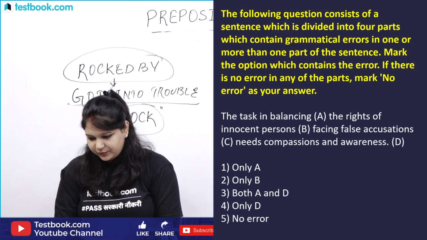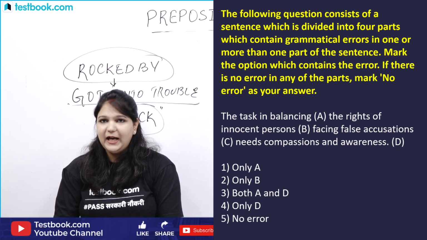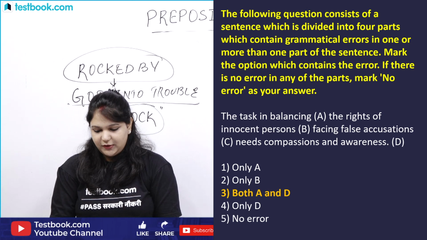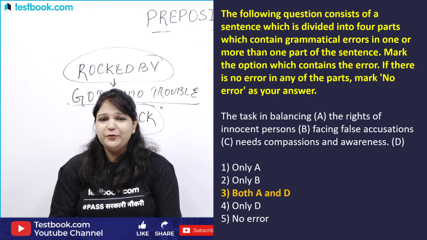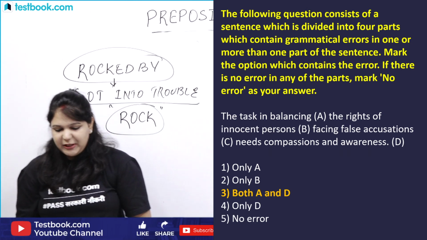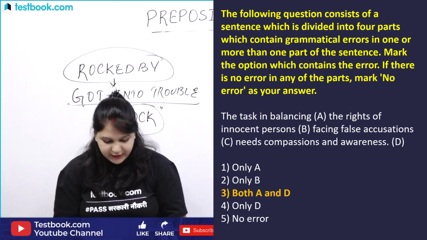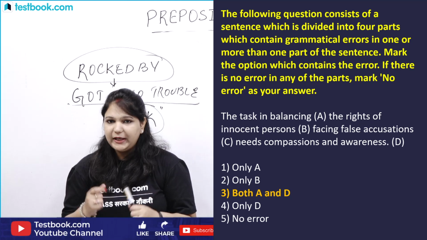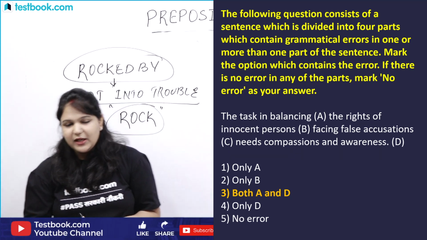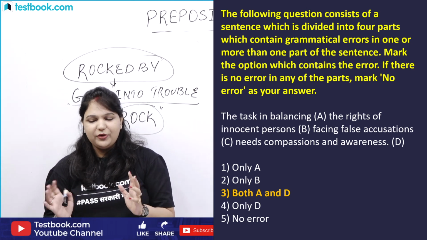Okay. So the next slide will be highlighting the answer for this question. So you got to know who all of you were right in this question. So yes, the people who were saying option number 3, that is both A and D, are the right ones. Okay. So all of you have found the right one.